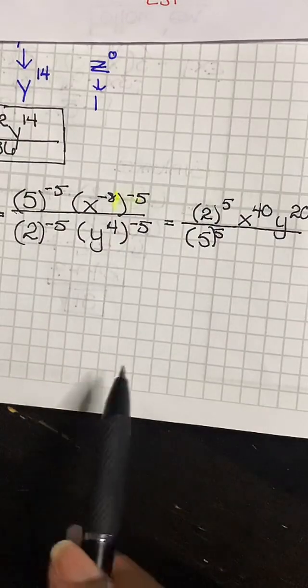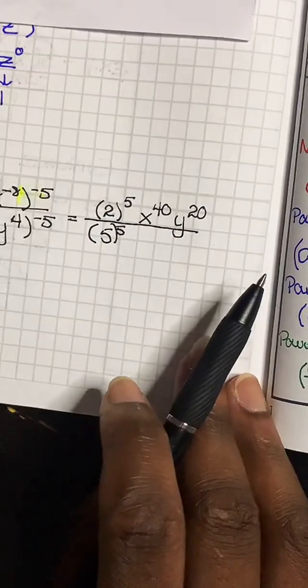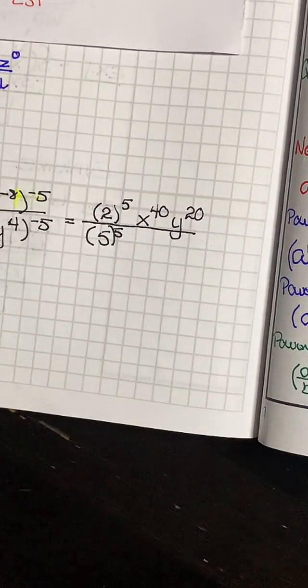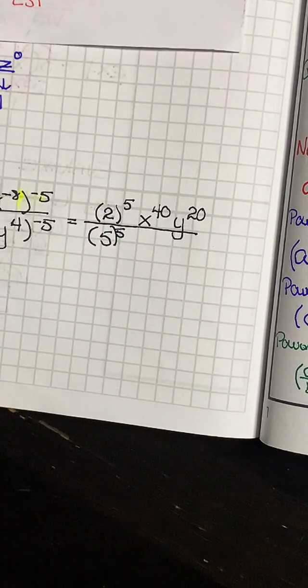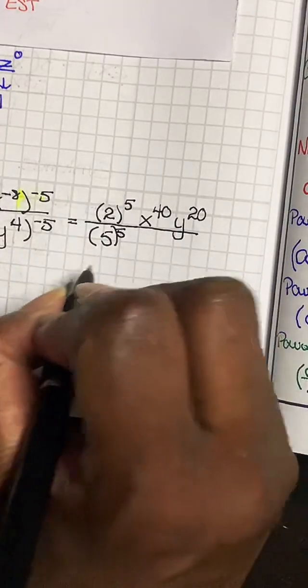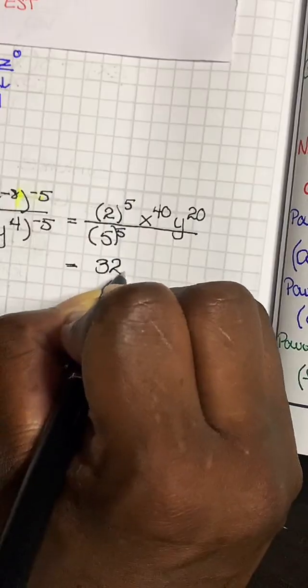So for the numerator, okay, now finishing it out, you have your 2 to the 5th power. So 2 to the 5th power gives me 32.